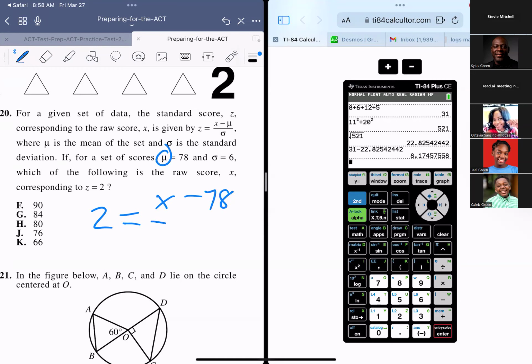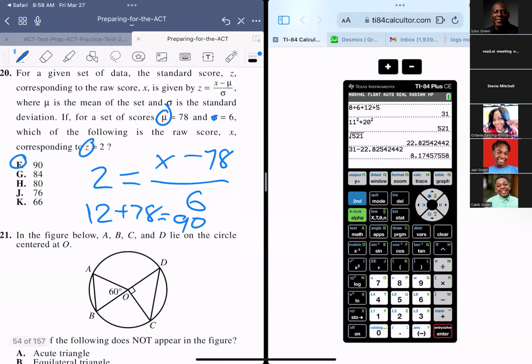And it tells you that the O looking thing is 6. So all you have to do is plug all that in. And then if you solve this, you would get 12 plus 78, that's equal to 90. So that means the raw score is 90 when Z is 2.